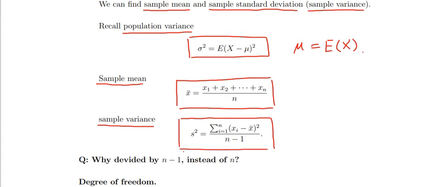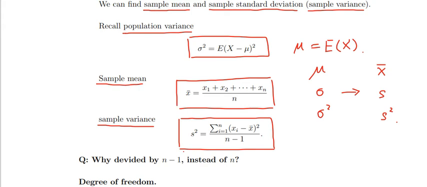We reserve this s for the sample standard deviation. So for the population, we have mu and sigma square. For the sample, we have the sample mean, x bar, and the sample standard deviation, which we usually denote as S, and the sample variance is S square.